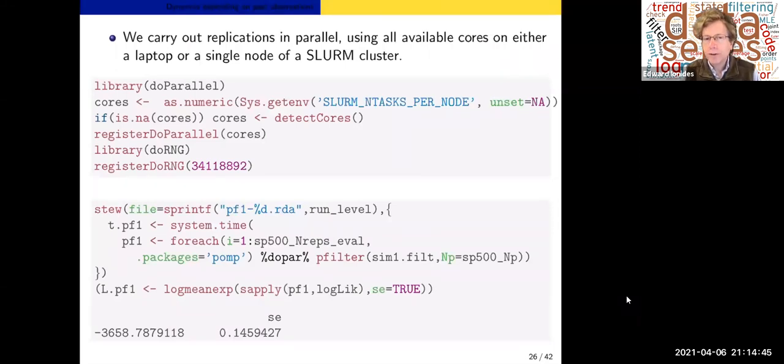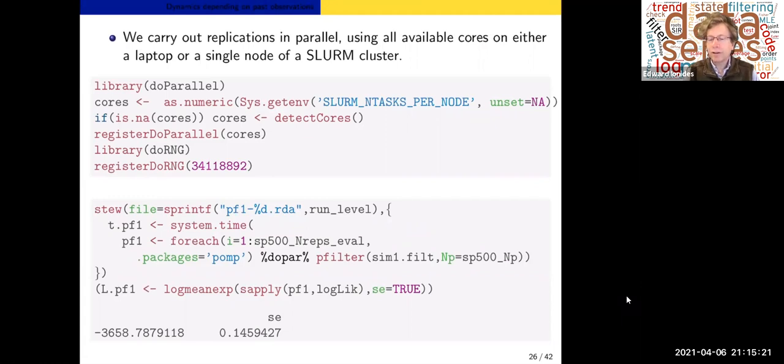One thing I should say a little bit about: maybe when we get to run level 3, we may want to put the computations on a Linux cluster if we have one close at hand. It's quite helpful to have code that runs either on a Linux cluster or on your laptop, so that you can debug on your laptop and then the same code will run on the Linux cluster without extra rounds of editing between the two.